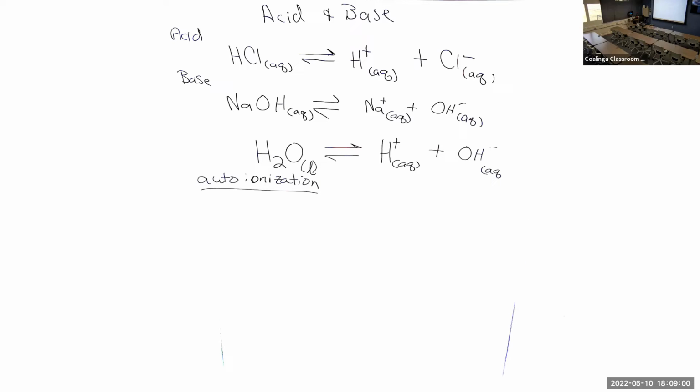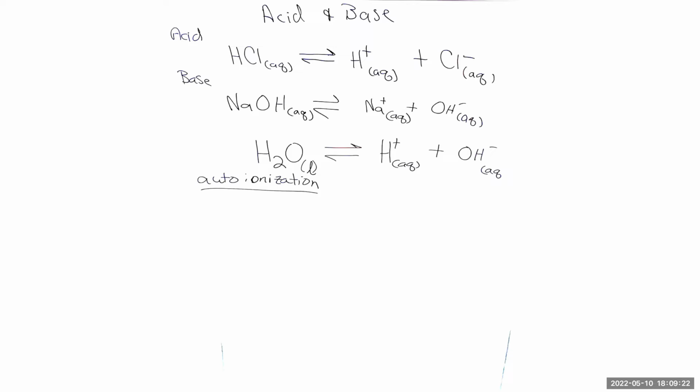That basically means that you have the existence of both the products and the reactants at the same time. The amount may vary. For instance, there's very little of this, it's mostly this. So when we have a glass of water, we have this and we have these ions in it as well, too.